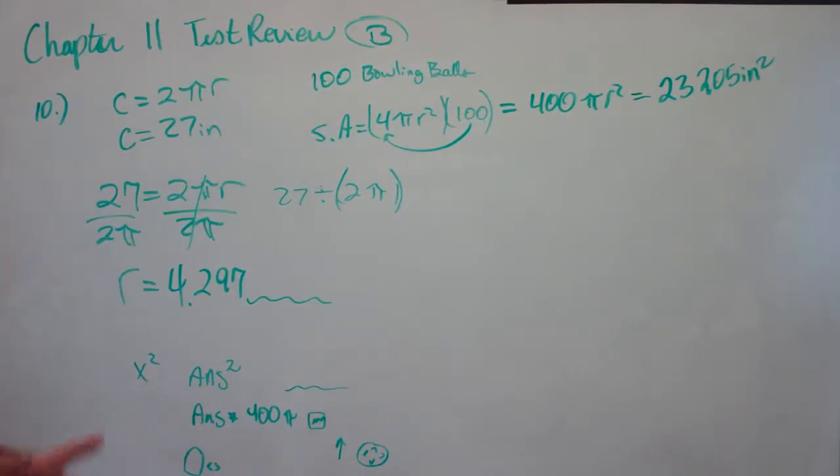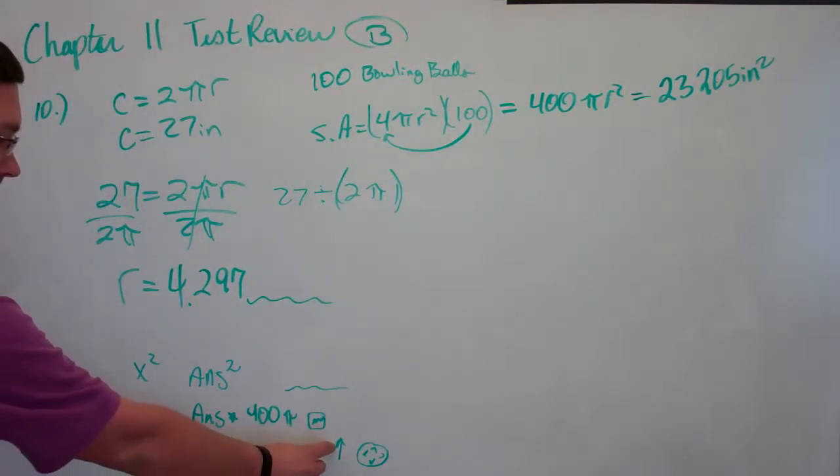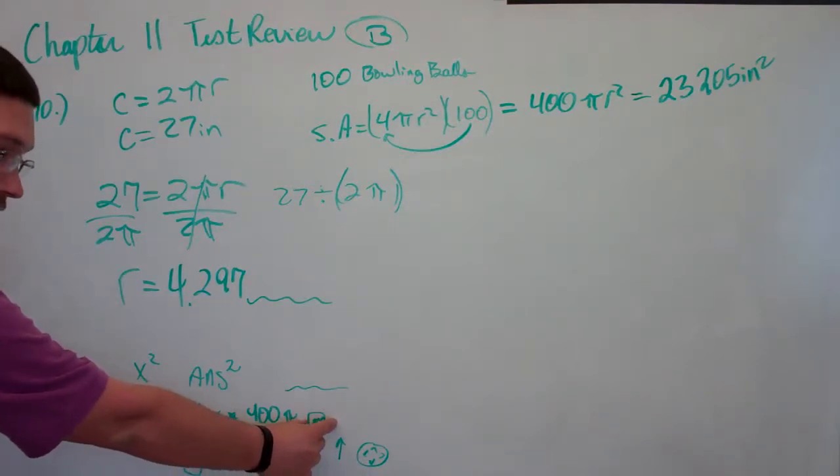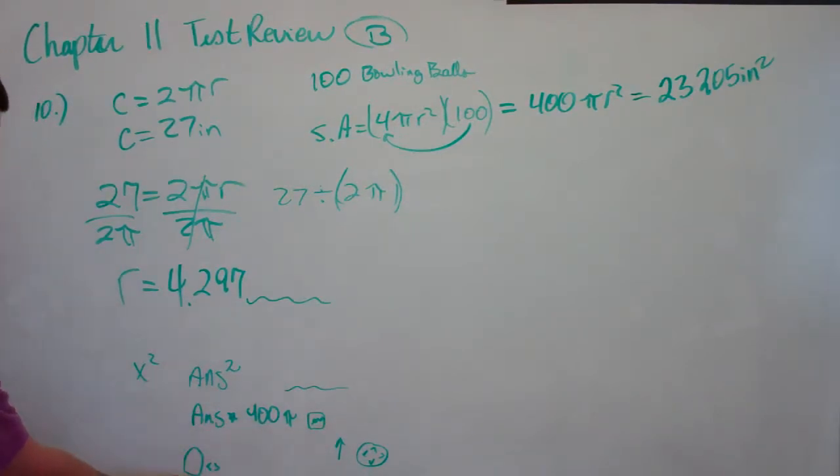Hit enter, and I believe it should come out to 23,205, but if it doesn't, just hit the up arrow to highlight the answer that it just gave you. It'll pull that answer down here. Then hit the button right above enter. It'll put the 2 little arrows, hit enter again, and then for sure it will give you a decimal. Alright?